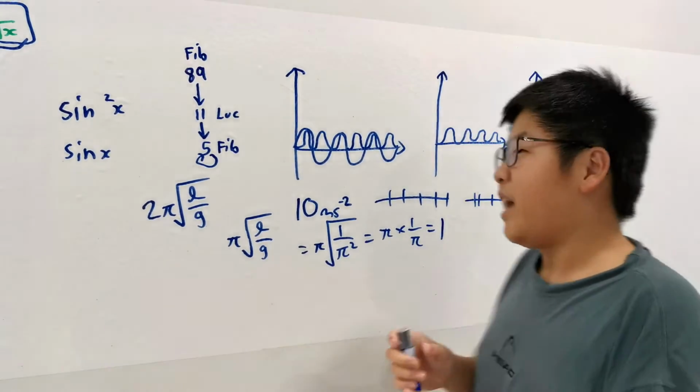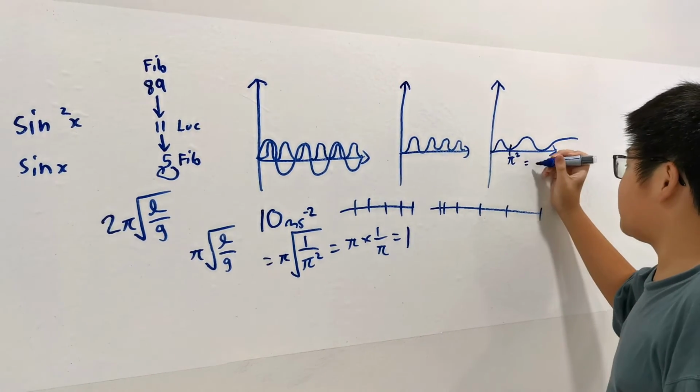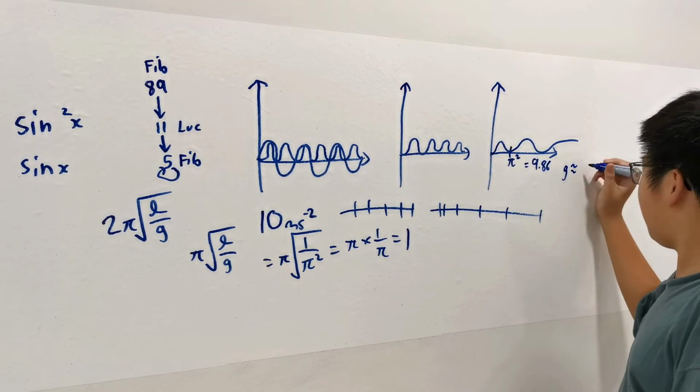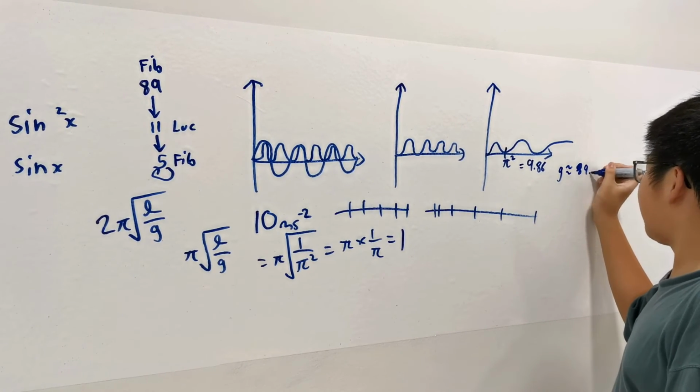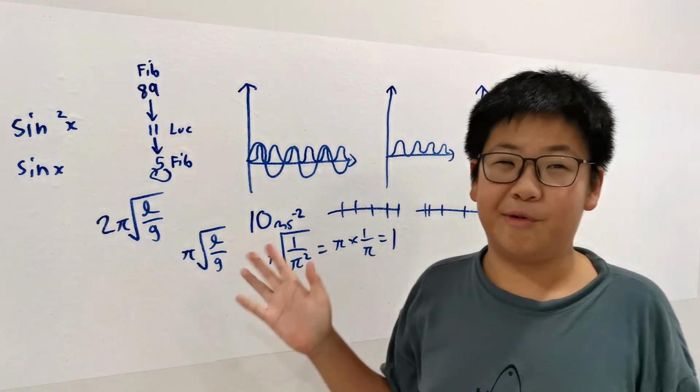Pretty interesting, huh? Anyway, the universal gravity is not exactly pi squared, since pi squared is approximately 9.86. So the gravitational constant is more about 9.81. So this will be off by around a few centiseconds or so.